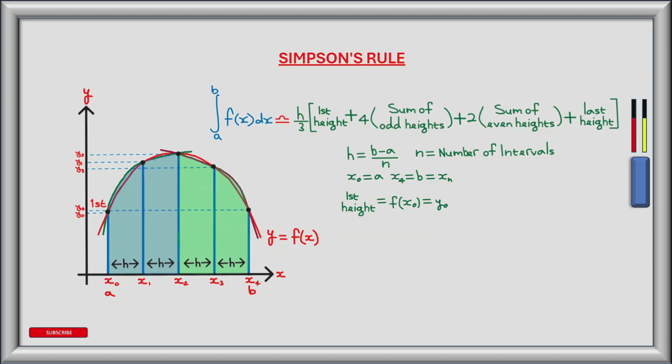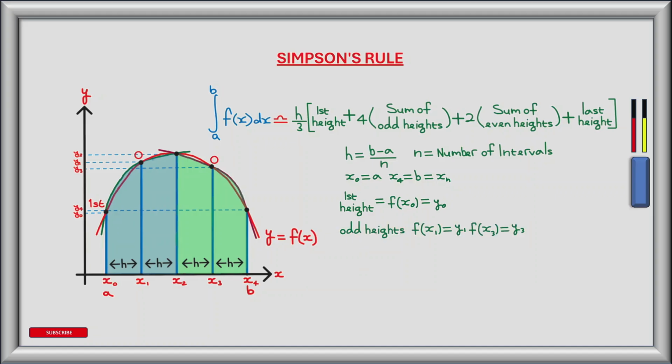The first height is the one shown here, which we call y0 and labelled as first. So it's the value of the function f at x0, which is the start of the interval, also labelled as a on the sketch. Next, we want to look at what is meant by odd heights in the equation. The point to the right of x0 on the x-axis is x1.